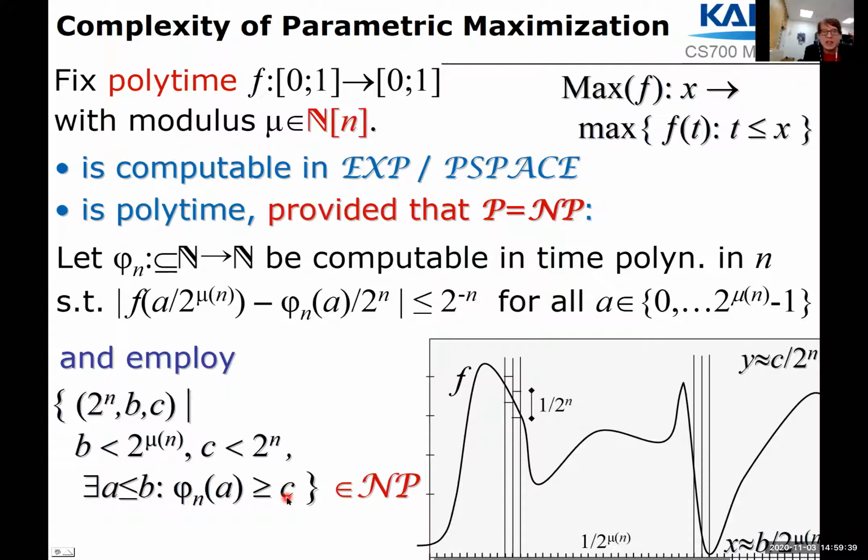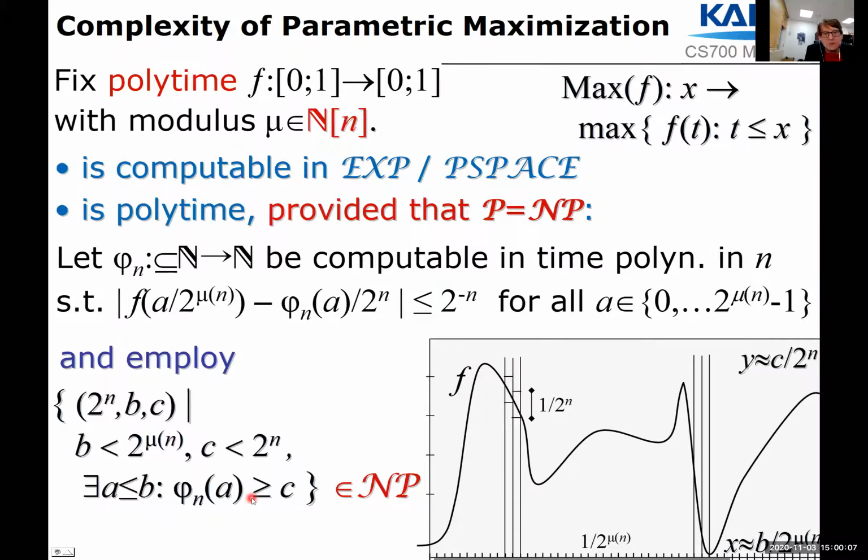Okay, let me say that again. The original function f is fixed, and I have explained why this is crucial, because we don't have a way of inputting the function. But because it's fixed, that also means that the discrete approximating function that transforms approximations to approximations, numerators to numerators, is also polynomial time computable by the very definition of a real function being polynomial time computable.